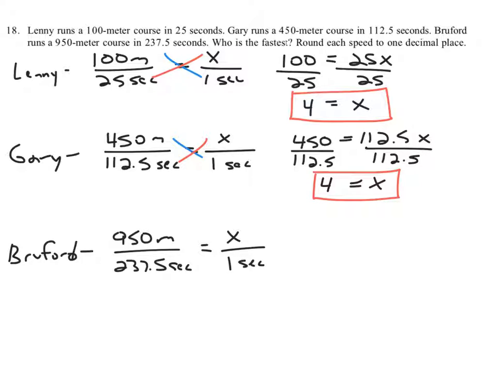Okay, and doing it again, that same idea, first let me set it up as a proportion. This times this equals this times this, so we get 950 is equal to 237.5x. Okay. I also know this, that if I double 237.5, I get 475.